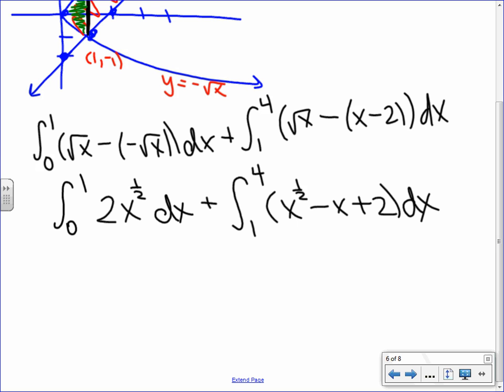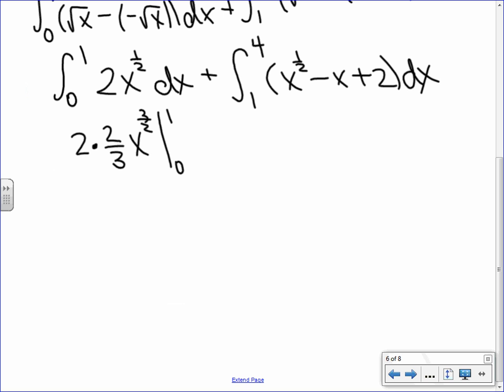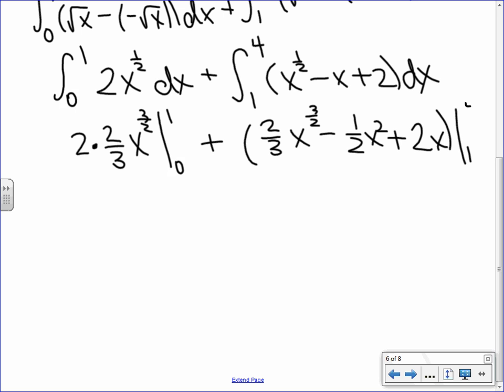So we have 2 times what? From 0 to 1, plus 2/3 x to the 3/2 minus, plus, evaluated from 1 to 4.